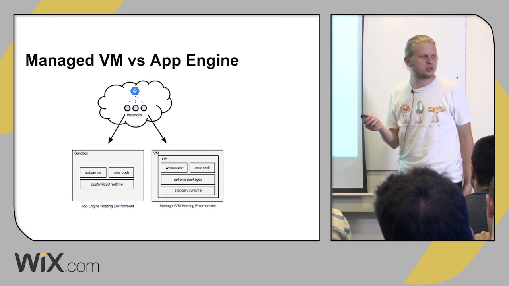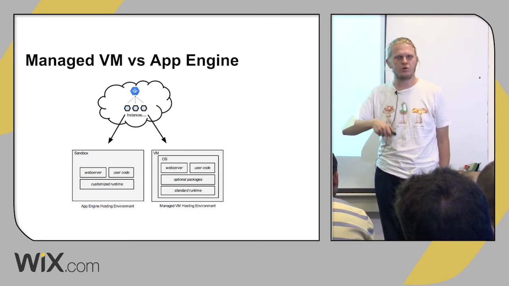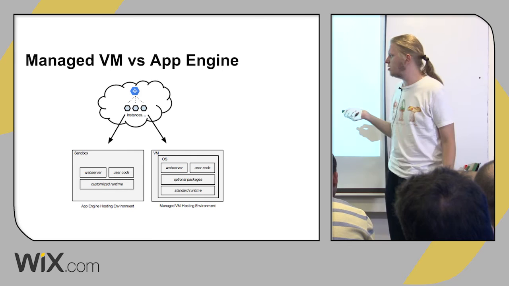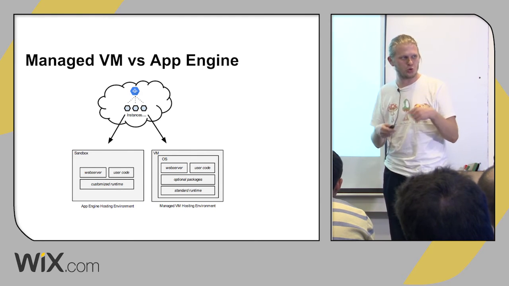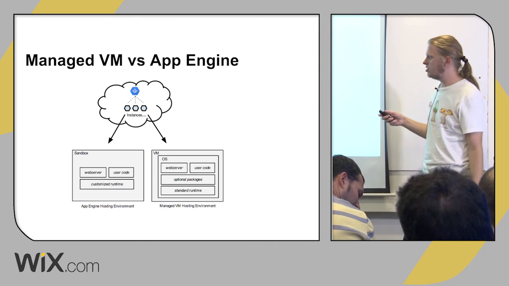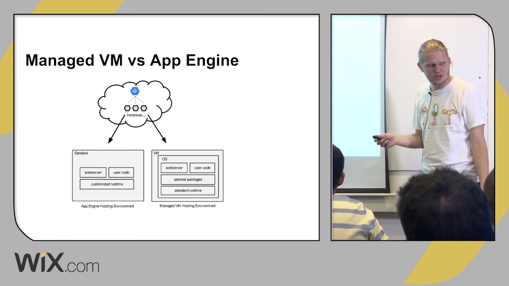Actually, as I understand, they migrated part of their infrastructure to run on the same managed VMs, but they just build the VM from your code and run it. As I understand, they want to migrate the whole App Engine stack to use that.